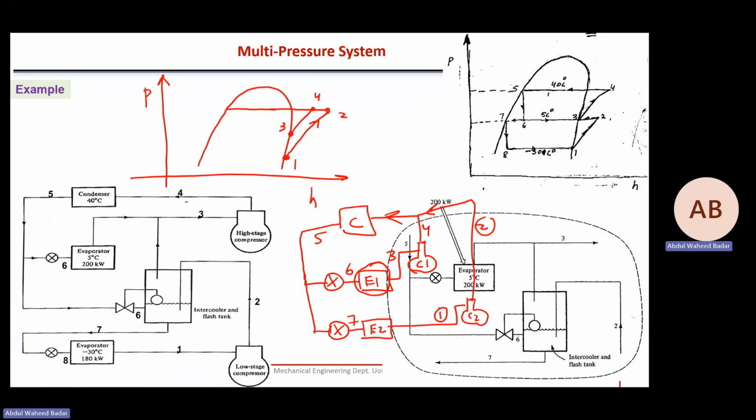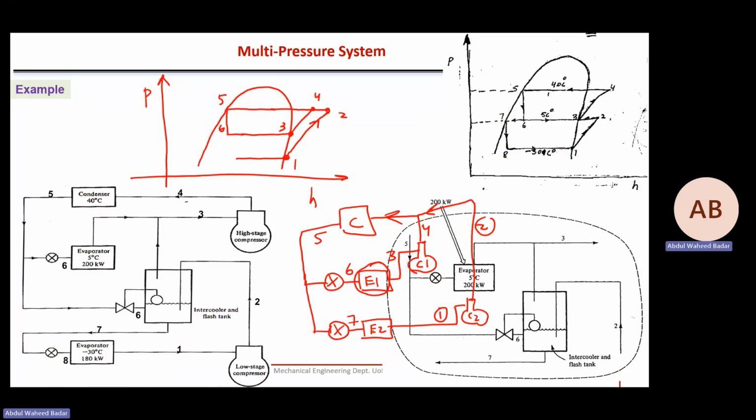So 1 to 2 and 3 to 4, because this is a low temperature evaporator and this is a high temperature evaporator. Then at point 5, what happens? There is expansion, 5 to 6.